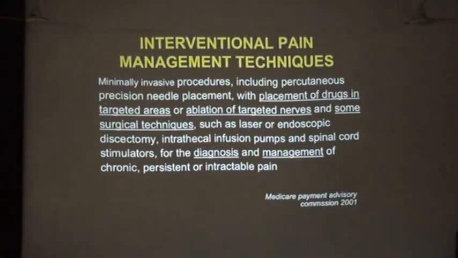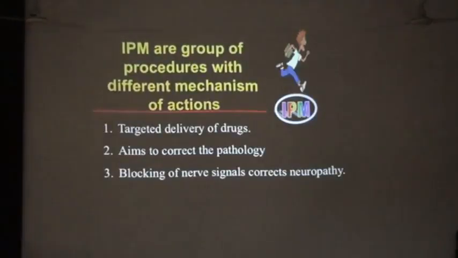Interventional pain management techniques are minimally invasive procedures, including percutaneous precision needle placement of drugs in targeted areas, or ablation of targeted nerves, and some surgical techniques. Ablation means radio frequency ablation or neurolytic ablation, or sometimes even surgical ablation. And the advanced techniques like laser or endoscopic discectomy, intrathecal infusion pump, and advanced pain management like spinal cord stimulation. For diagnosis, as I said, diagnostic blocks have a very important role, as does the management of chronic, persistent and intractable pain.